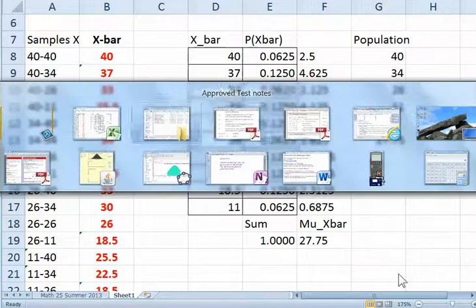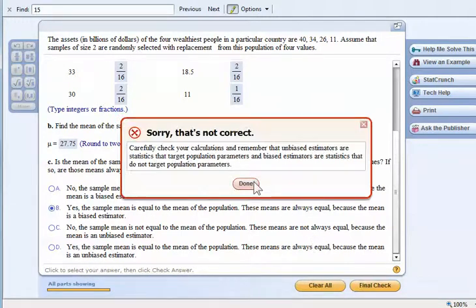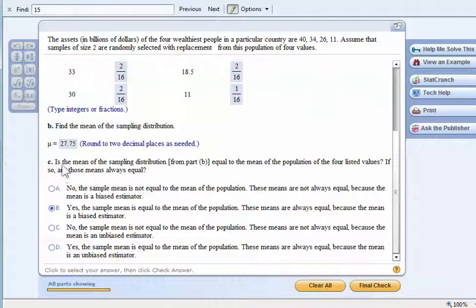Anyway, going back to the question to finish it, yes, it does. So yes, the sample mean is equal to the mean of the population. And these means are always equal because the mean is an unbiased estimator. The mean, the variance, and the proportion are all unbiased estimators. So check that answer. Oops. Did I answer what they were asking?